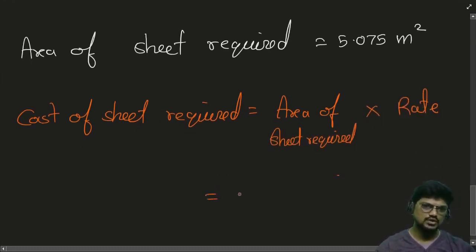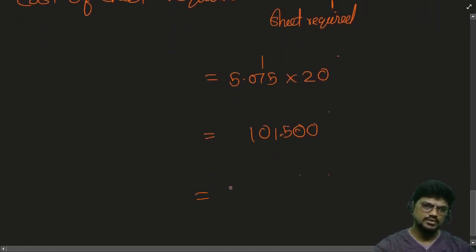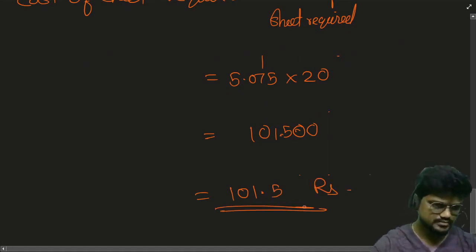So 5.075 into 20, that gives you 101.5 rupees. This will be the cost required.